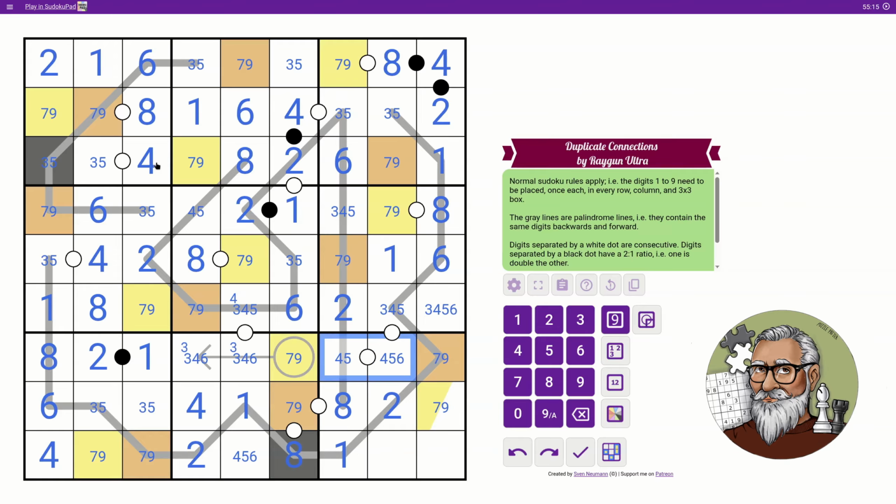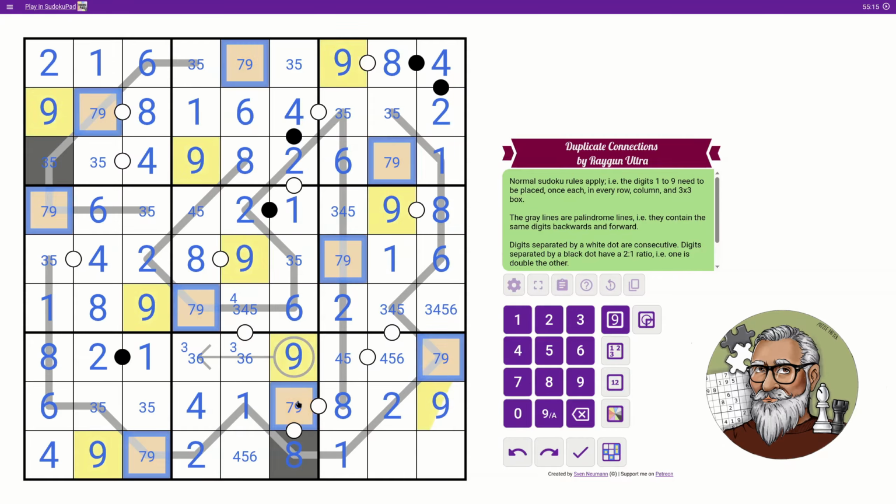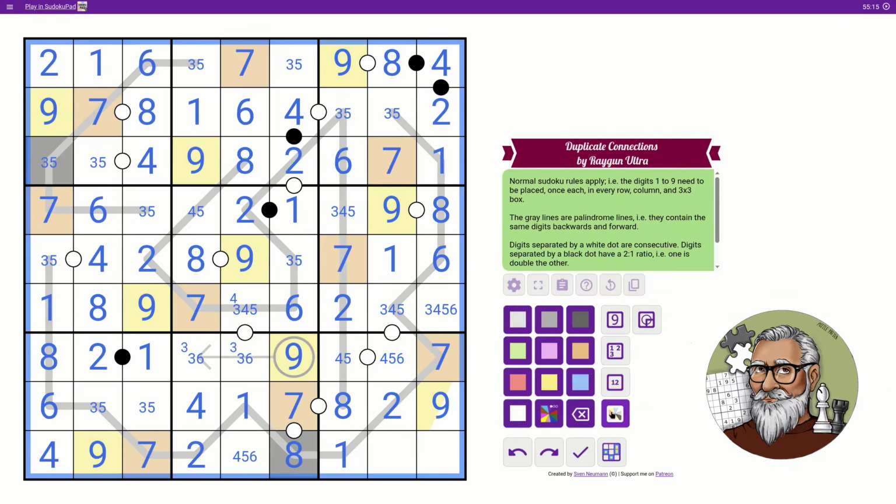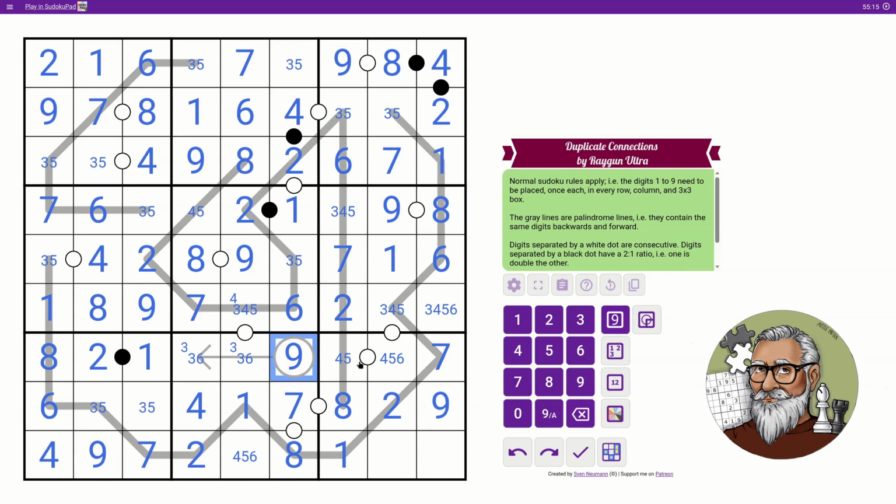One of these is a 4, the other is a 5. Well, we can say this isn't a 4. This becomes a 9, right? 9, 7, not a 6, not a 6, not a 4 or a 6, so I'm left here with a 3, 6, right? That's a 6, that's a 3.